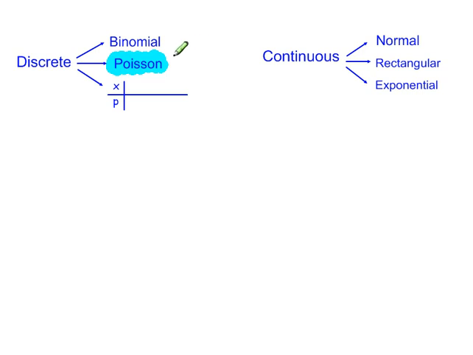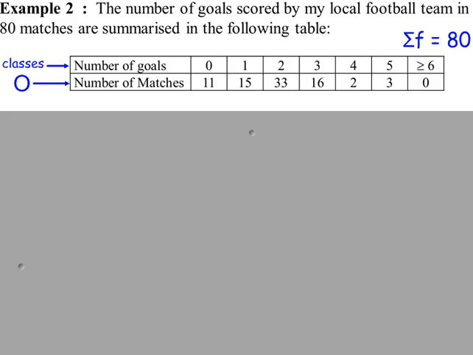In example 2, we go on to the Poisson distribution. So we start with our table, and in the first row we have our classes. In the second row, the observed frequencies, and the sum of the observed frequencies is 80.